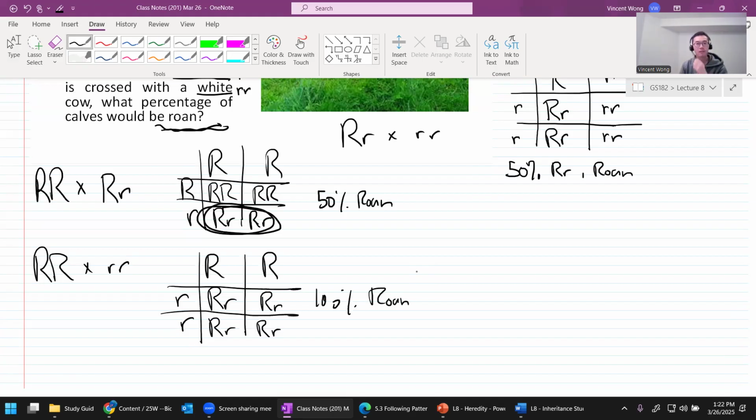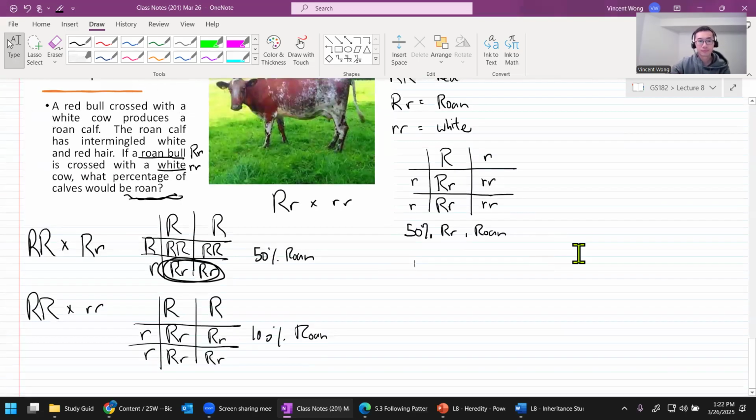If you want 100% red cow, what must the parents be? Red.